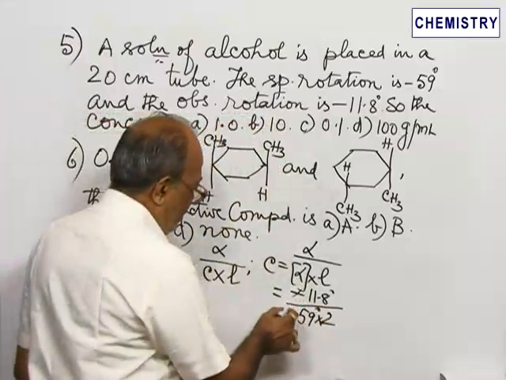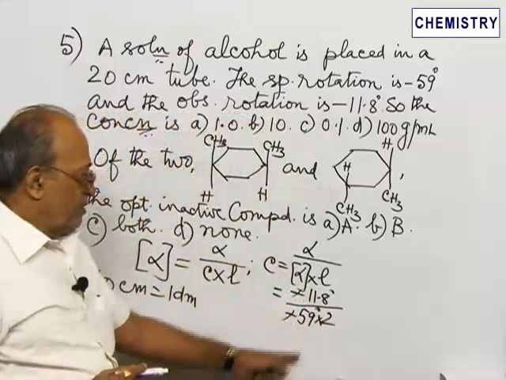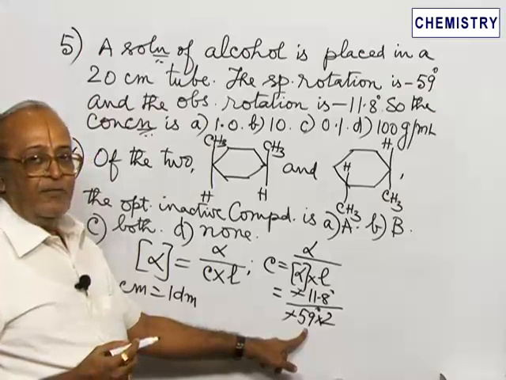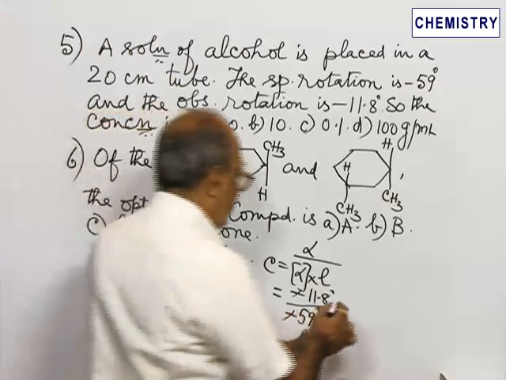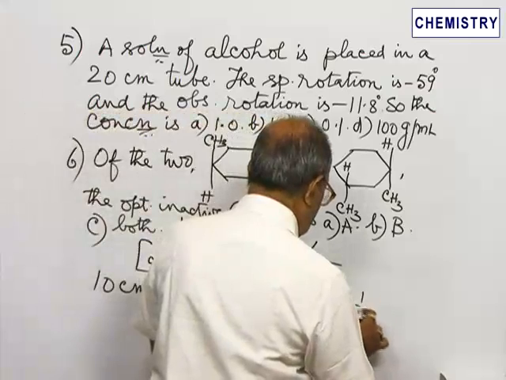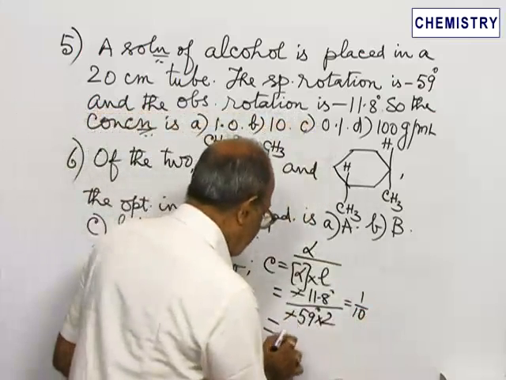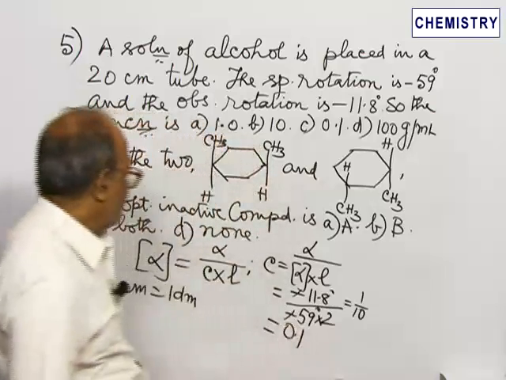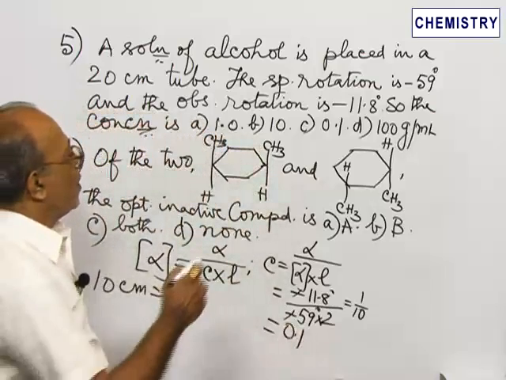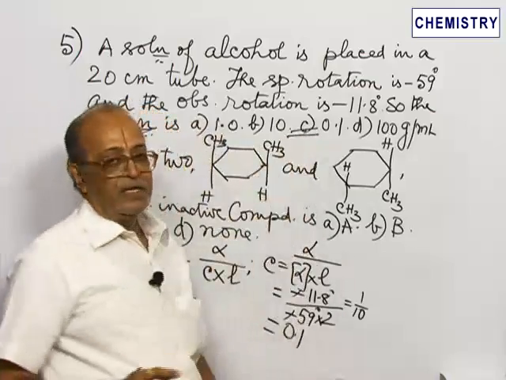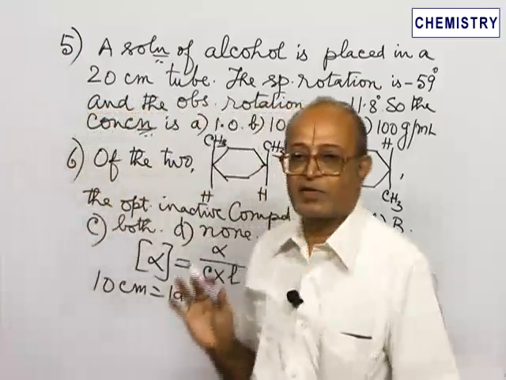We can cancel out the negative signs. This will be 11.8 by 118, which is 1 by 10, that is 0.1. C is the correct option.